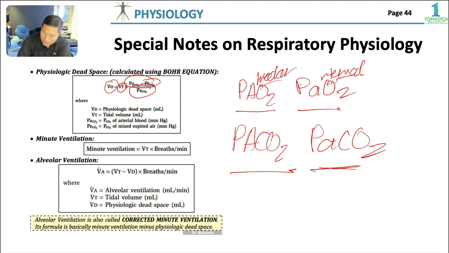Okay, this one, sorry, alveolar PCO2, and this one is arterial PCO2. So, nakaka-confuse talaga. So, the way to remember is that it is alphabetical. Capital letter A goes first before small letter A. Alveolar, alphabetically, will come first before arterial. So, alphabetical, yung mag-i-include ninyo para maalala kung sino yung alveolar, sino yung arterial.